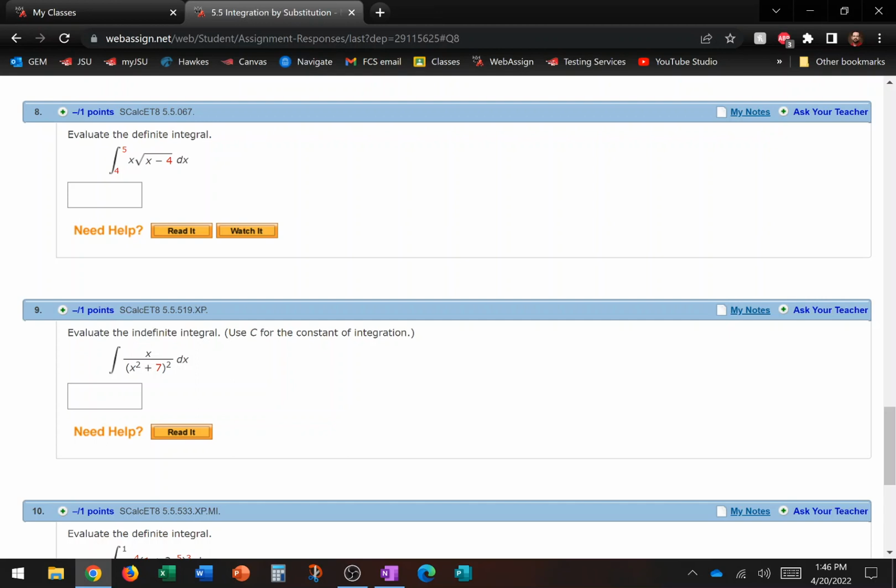Was 8 the one you were working on then? Yeah, you do have to do substitution on that one. So let's see, we got the integral from 4 to 5 of x times the square root of x minus 4.